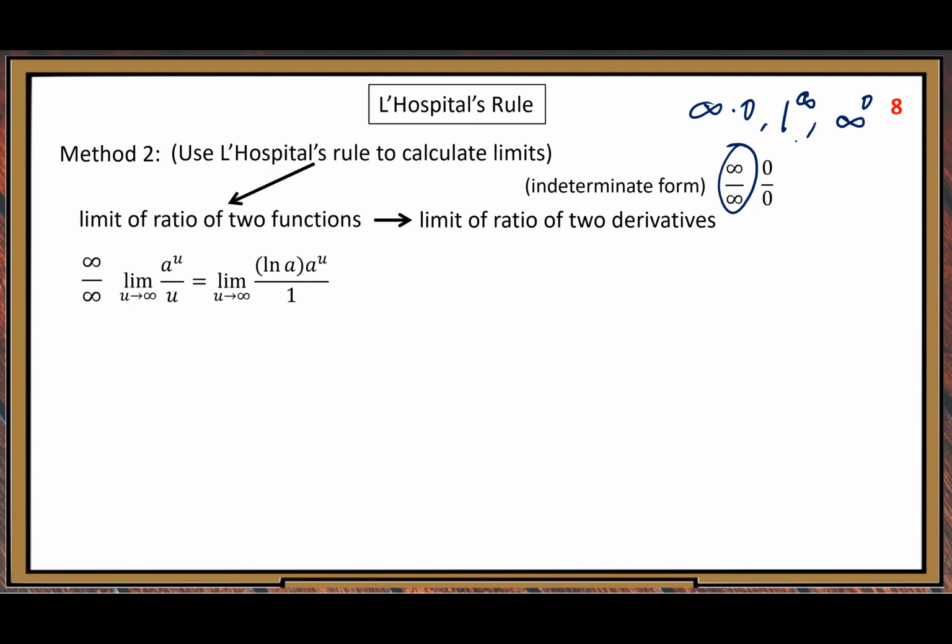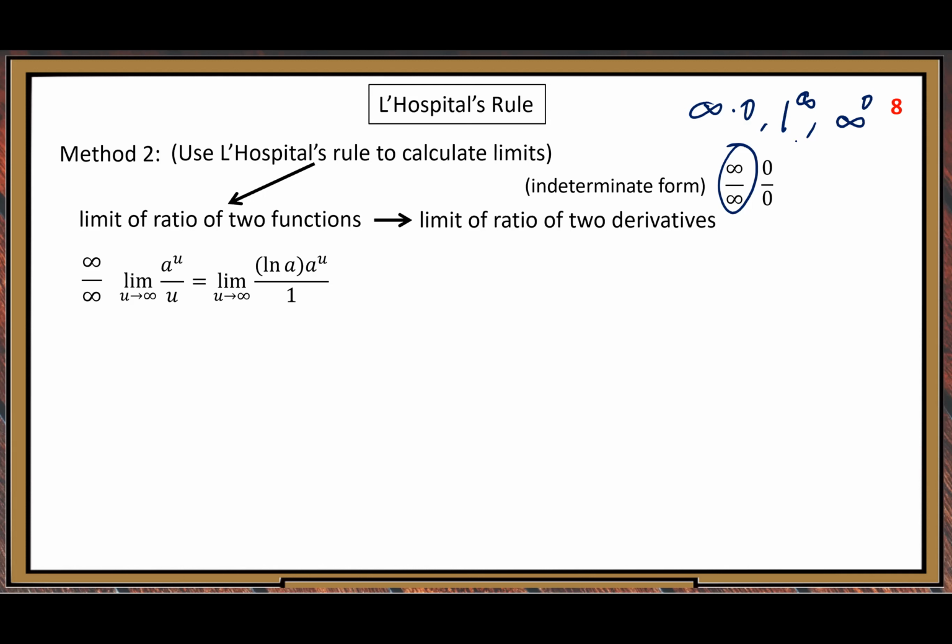So after you take the derivatives, you can get the answer easily. The denominator is just 1, very simple. The numerator has natural log of A, which is a constant, times A to the U. That function goes to infinity when U goes to infinity.